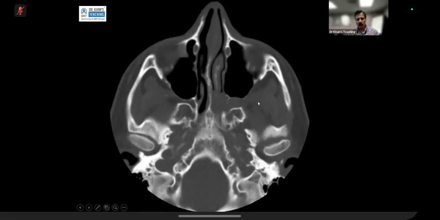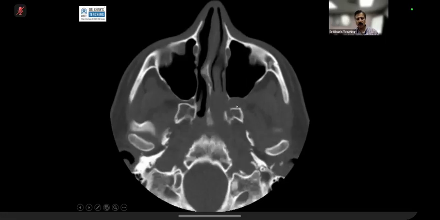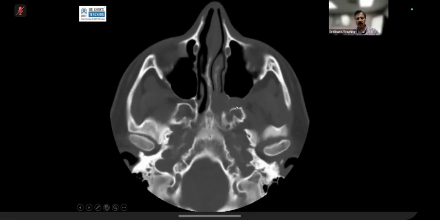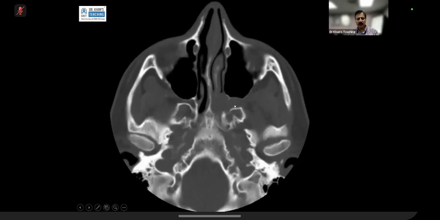Now, what I was asking was that here, this is the nasopharyngeal masticator space. This thing is the pterygomaxillary fissure. And now, posteriorly, this is going to communicate with the cranial cavity.